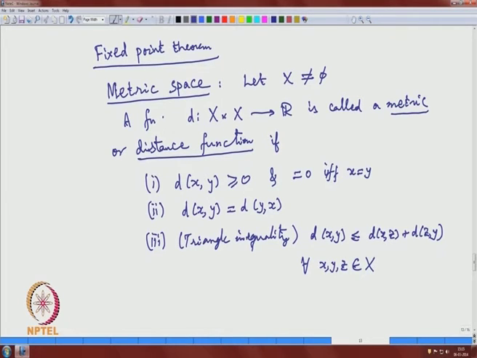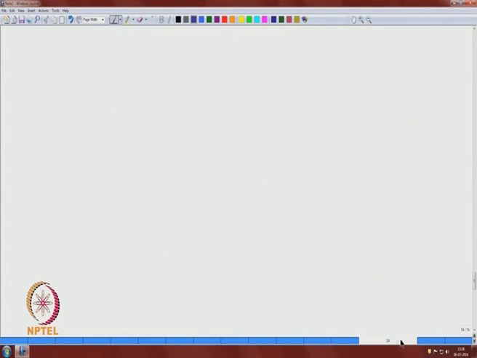Okay. And this notion comes from the Euclidean distance. For example, in R, if you take X equal to R and the distance defined by the usual Euclidean distance, that is a metric.